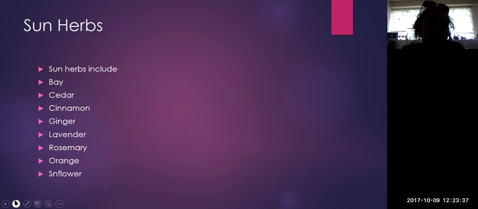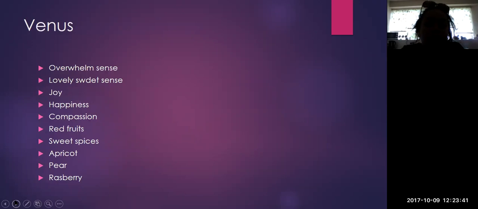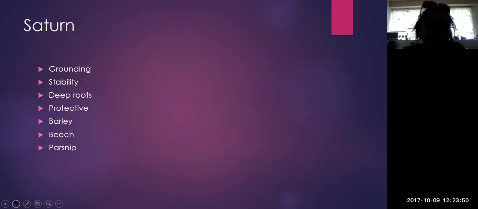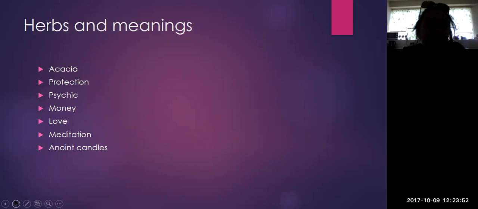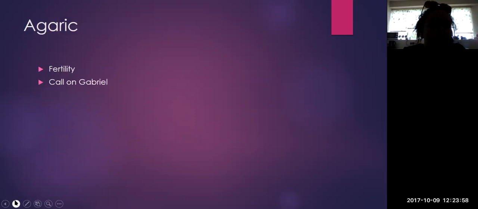So there's your sun herbs, your moon herbs, your Mercury, your Venus. So everything's tied to the moon, planetary hours and the days. Mars, Jupiter, Saturn, and there's their meanings. And then what I did do is put a list of all the different herbs.